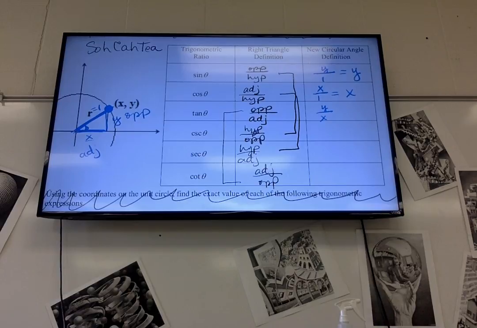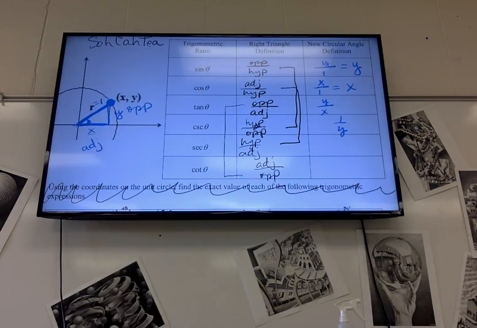Flip what? The sine. So it's 1 over y. Secant, 1 over x. Cotangent. Now this is only for a unit circle. So that comes in handy.